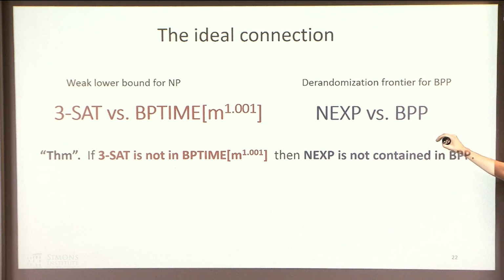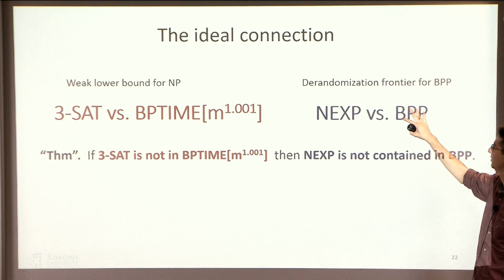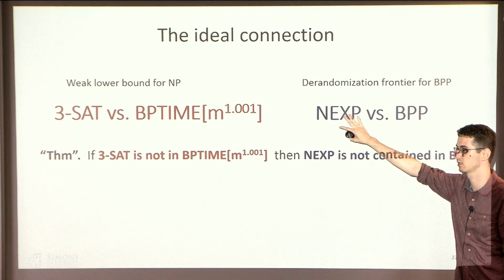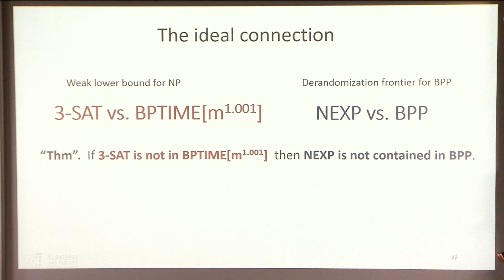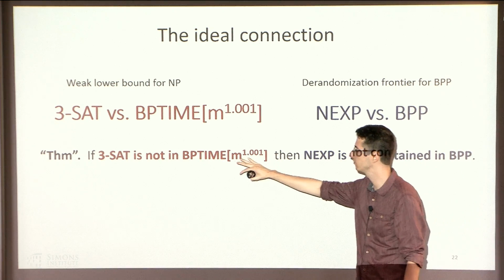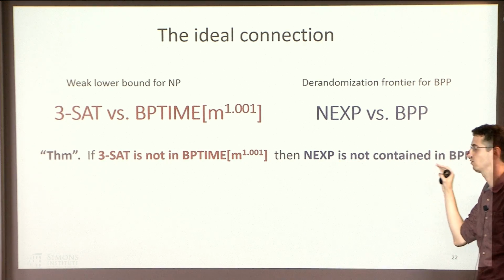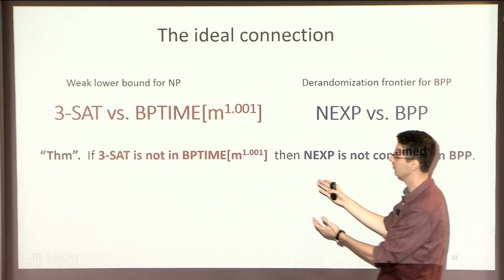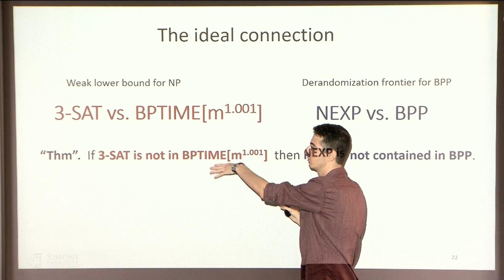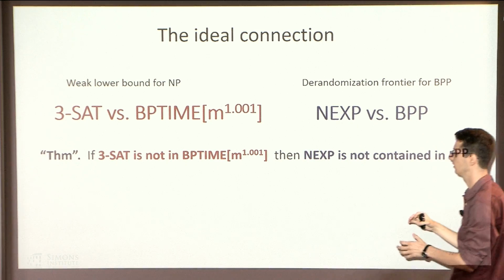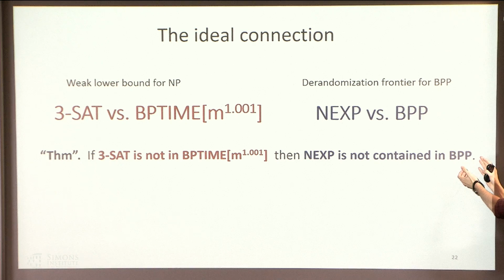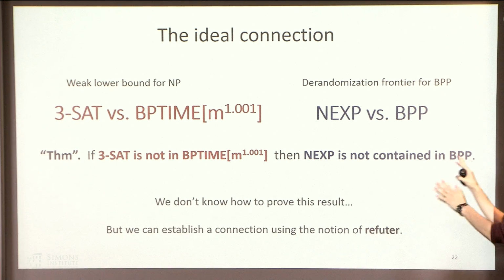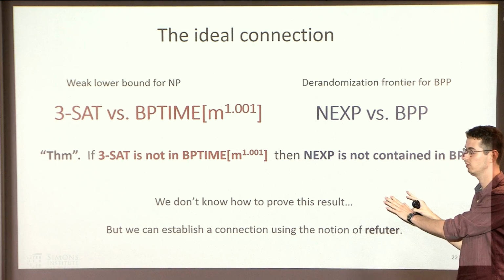And on the other hand, we would like to understand if BPP is not large enough to compute the whole of NEXP. So the ideal theorem will be something like if 3-SAT requires superlinear time, then NEXP is not contained in BPP. So somehow understanding of what happens in the near linear time regime can tell us something about polynomial time computations in general. But unfortunately, we don't know yet how to prove this version of the theorem.